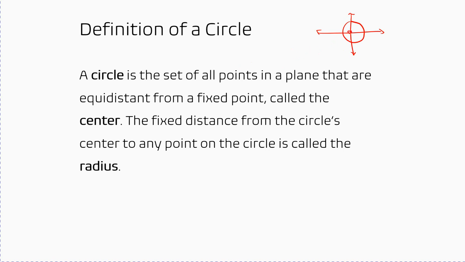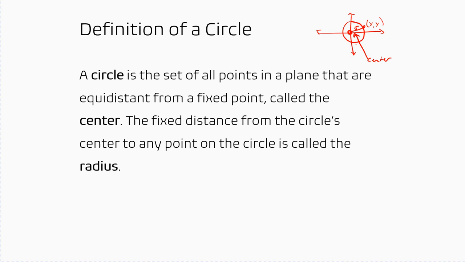So this would be the center. The fixed distance from the circle's center to any point is called the radius. We denote that as r. It's all points that rotate around this center that are all distance r from the center. It's all these points here. That's what makes up a circle.